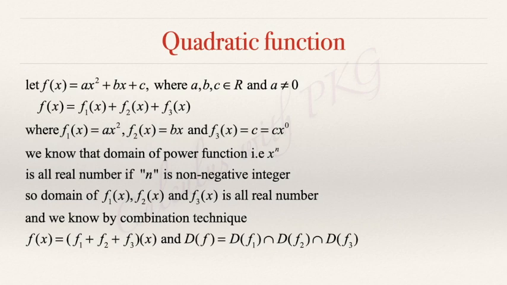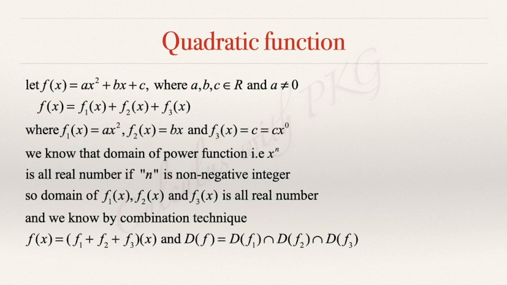So now look at the 3 functions, f1 of x, f2 of x and f3 of x. These 3 functions are also power functions. So we can say the domain of f1 of x, f2 of x and f3 of x is all real numbers.